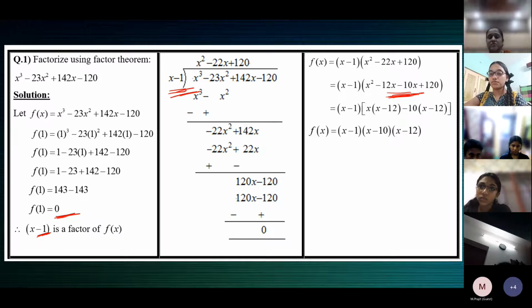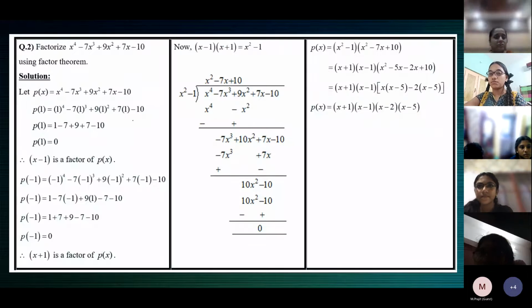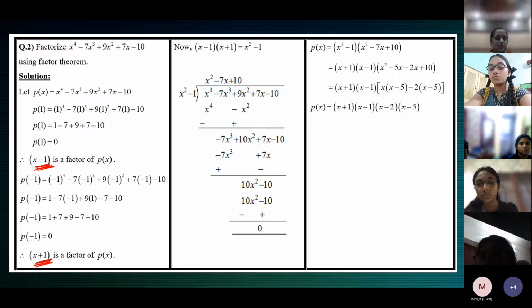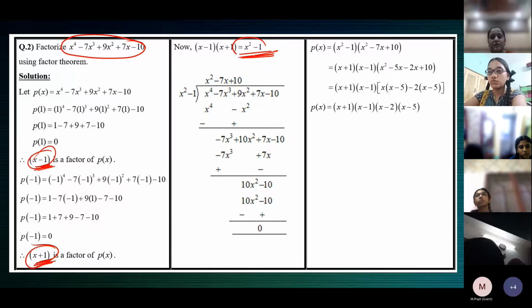Use a division algorithm and split the middle term and find the remaining factors. Same thing here also for a biquadratic polynomial, but just that you should find 2 linear factors, x minus 1, x plus 1. Then multiply these 2 linear factors and find the quadratic factor. You should divide this one by this quadratic factor.